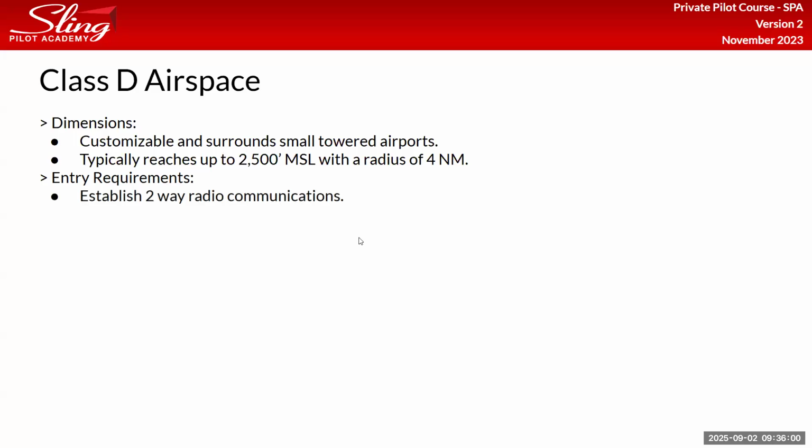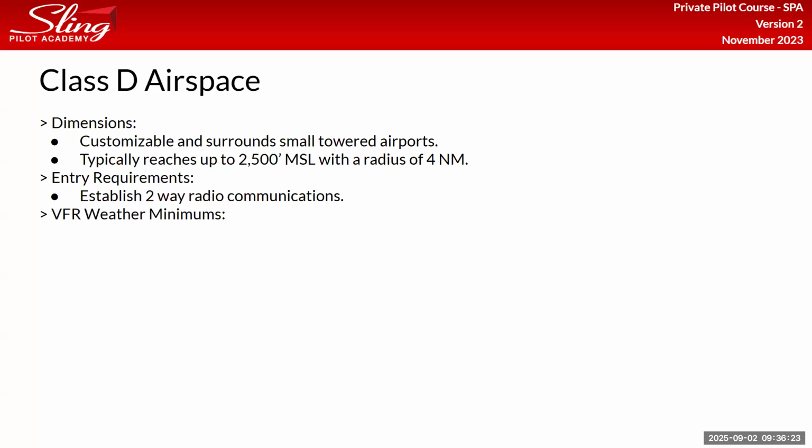Entry requirements for Delta: established two-way radio communications. Again, that means that the ATC, the tower, has acknowledged you with your tail number. And Mode C transponder and ADS-B out are not required for Class Delta. That's just Alpha, Bravo, and Charlie.